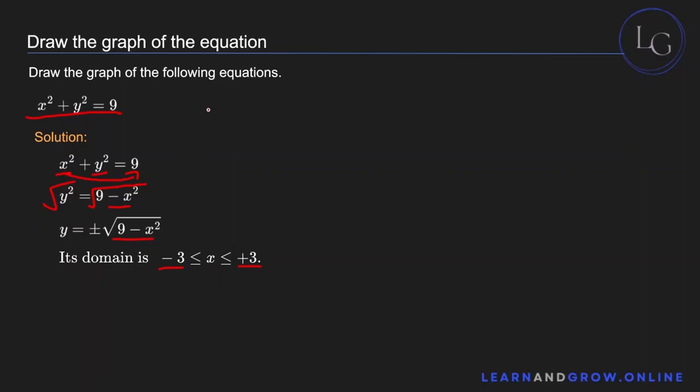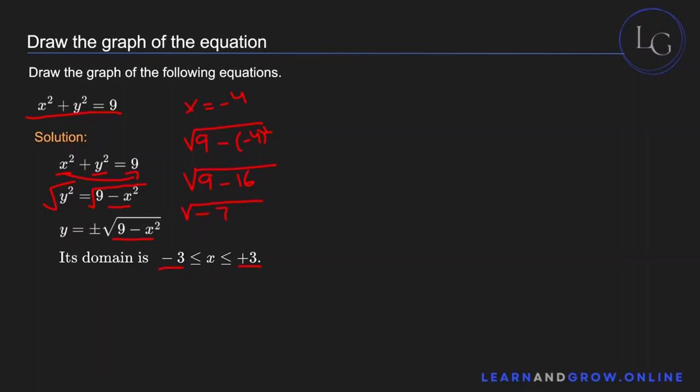For example, at x equal to negative 4, what happens? The square root of 9 minus x squared becomes 9 minus negative 4 squared, which is 9 minus 16, and that eventually becomes negative 7, right? You cannot take the square root of negative 7 because that becomes an imaginary number, and we're not dealing with that right now.